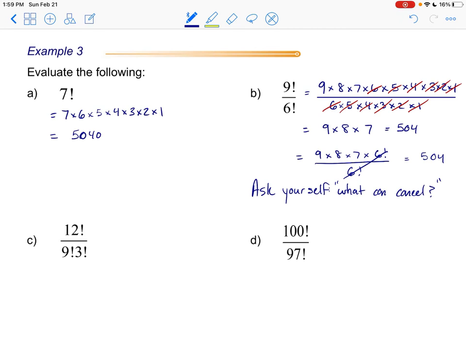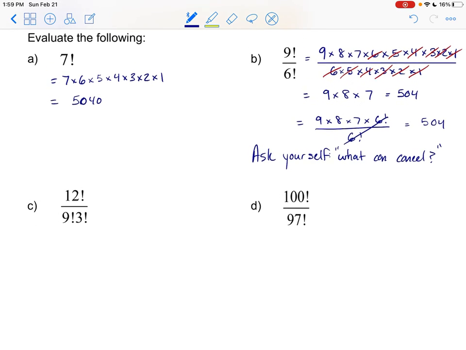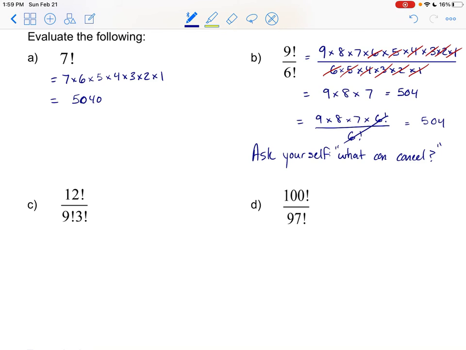Okay, for fractions. So in this next example here, C, where we have 12 factorial divided by 9 factorial times 3 factorial. Well, let's write out 12 factorial as 12 times 11 times 10, and then we'll stop at 9 factorial because we have one of those in our new denominator. And we can just cancel out those 2 factorials there.